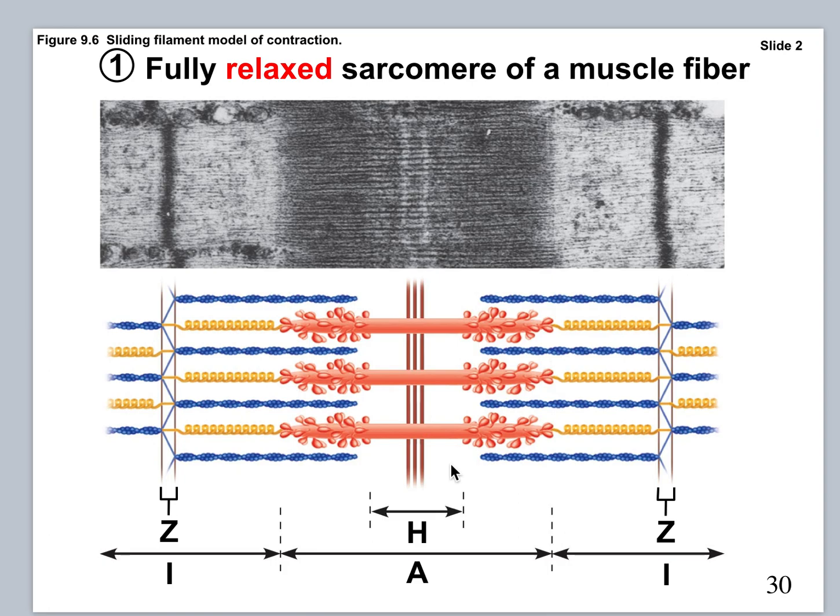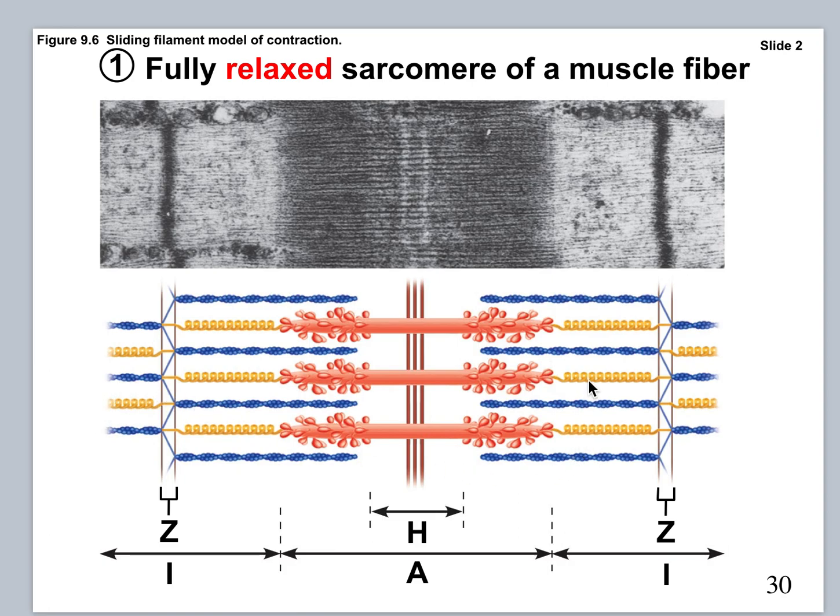Here's another cartoon showing the same thing. This is our thick filaments, our thin filaments in blue, the Z disc, zigzag, and Z is at the end of the sarcomere, here. Our I band is here. It goes from the edge of one thick filament to the edge of the next thick filament, and it just has the thin filaments inside the I band.